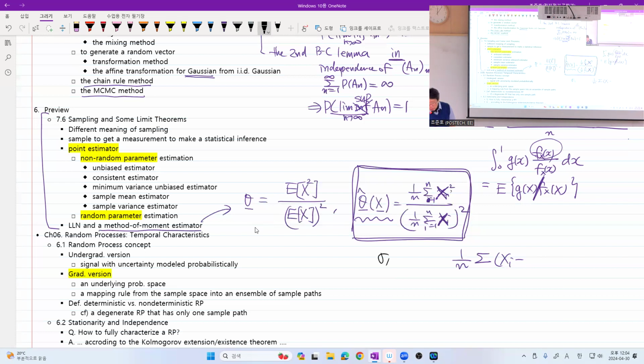Be careful, sigma x squared is defined as the expectation of X minus x bar squared, right?